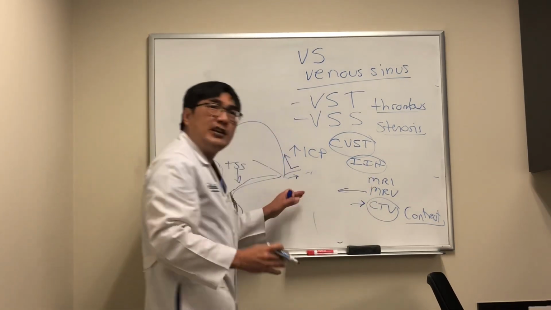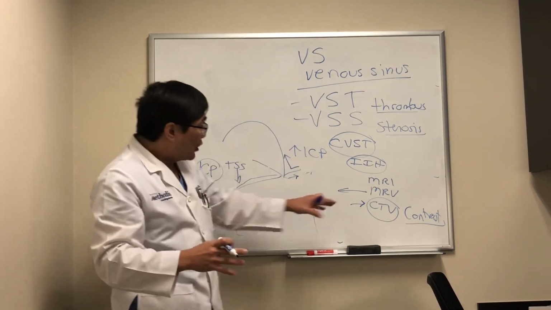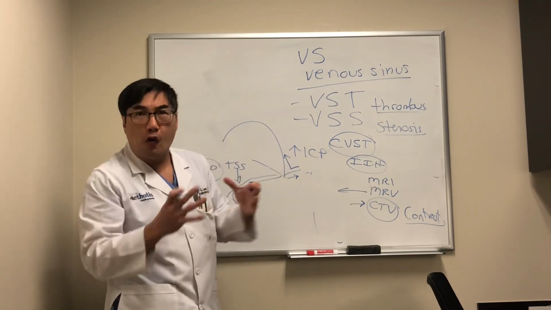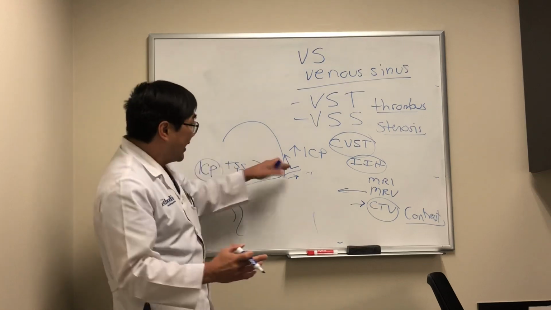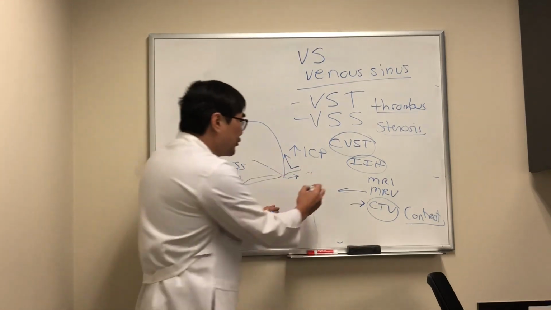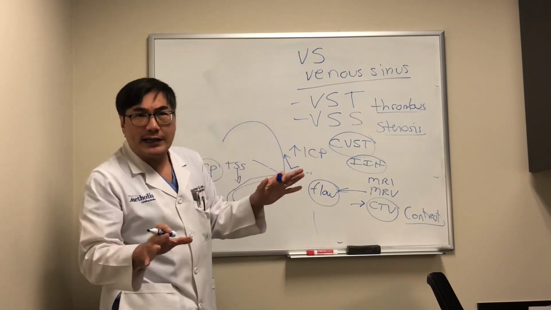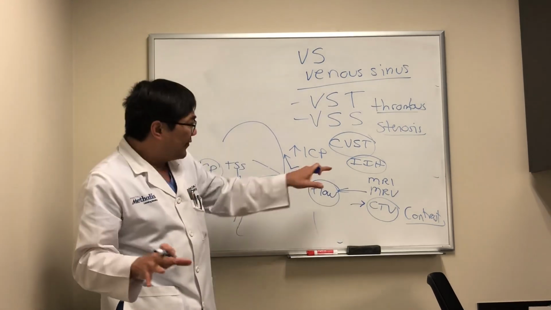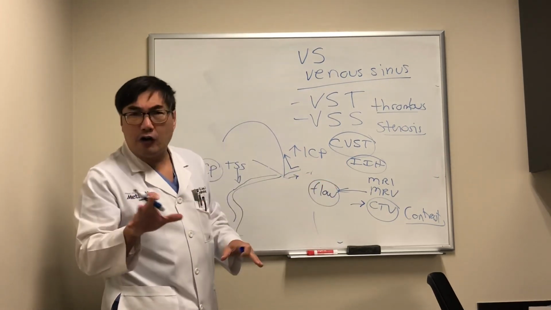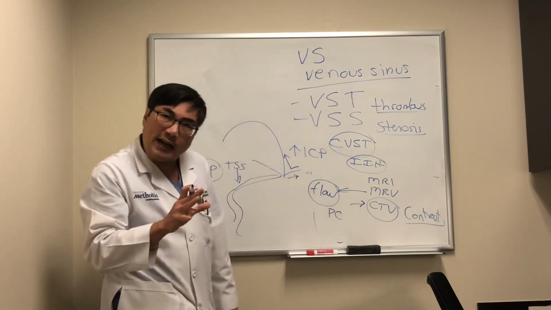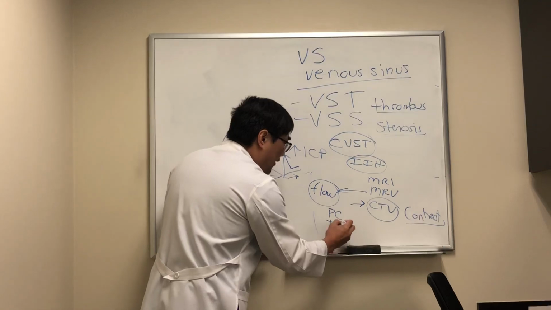MRI and MRV use the magnet. And so when we have an MR venogram, we're using flow to tell us whether the vein is blocked or not. So these are flow-determined studies. And there are different techniques and different types of MRV. You don't have to know all those as an ophthalmologist. The most common are phase contrast and time of flight.